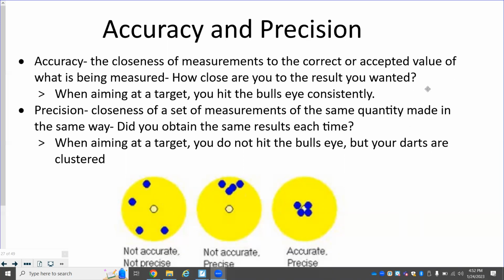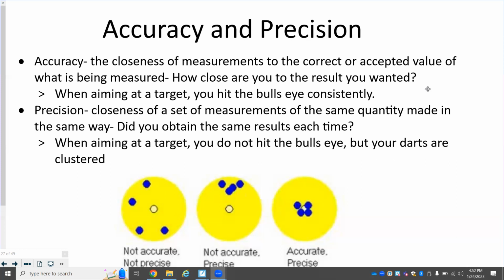So when we throw a dart at the target, are we hitting the bullseye or are we close to the bullseye? With lab stuff, say that we are measuring density and we know the density of lead, since we had that earlier, is 11.4. When we measure it in lab, are we getting close to that 11.4?